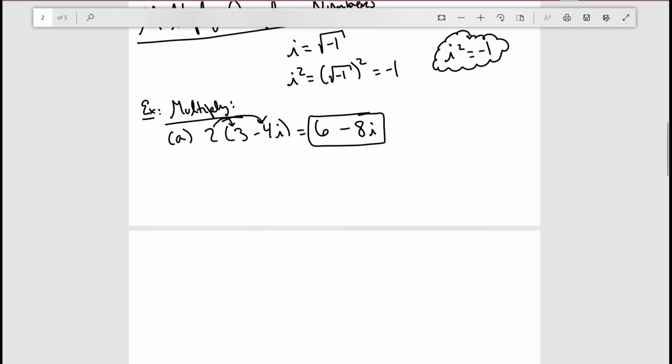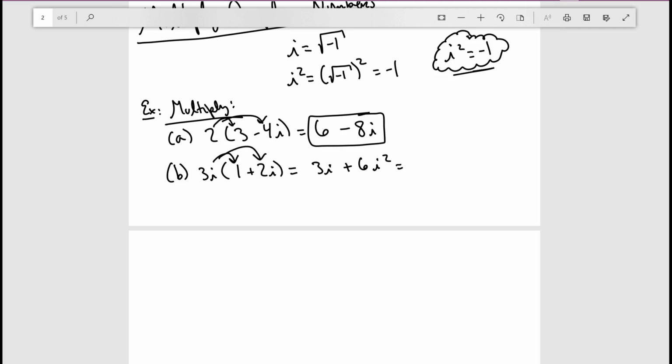Just distribute it. What about if I had 3i times 1 plus 2i? How is this going to work out? Well, first let's distribute this 3i to both of these. So we're going to get 3i plus 6i squared. And what was i squared equal to?